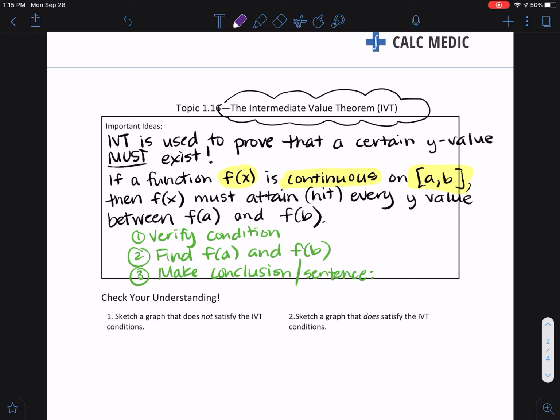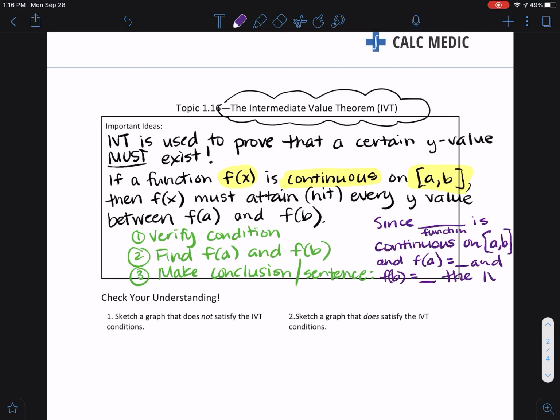So we're going to start out by saying, since the function, whatever your function is, is continuous on whatever our interval is, and f of a equals this, and f of b equals this, the IVT guarantees that, and then you're going to finish your sentence.